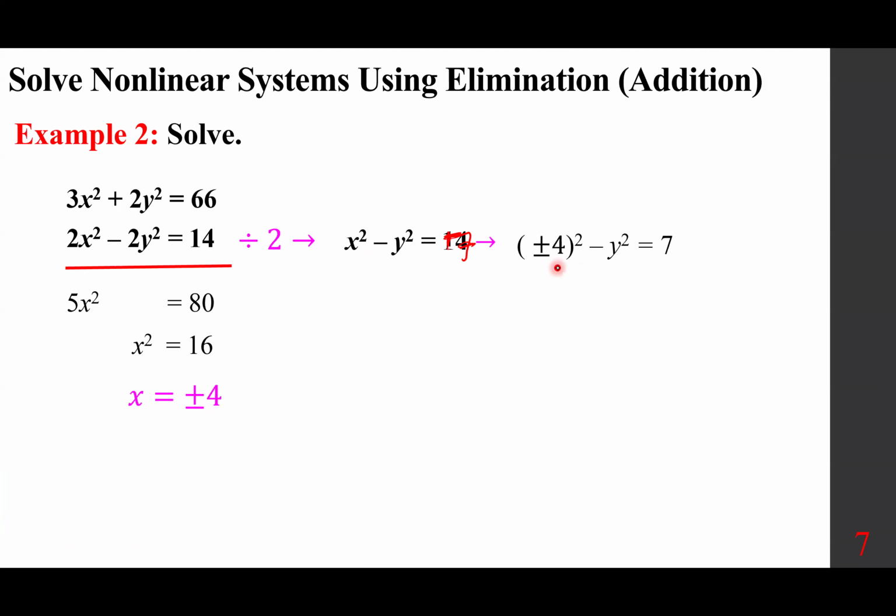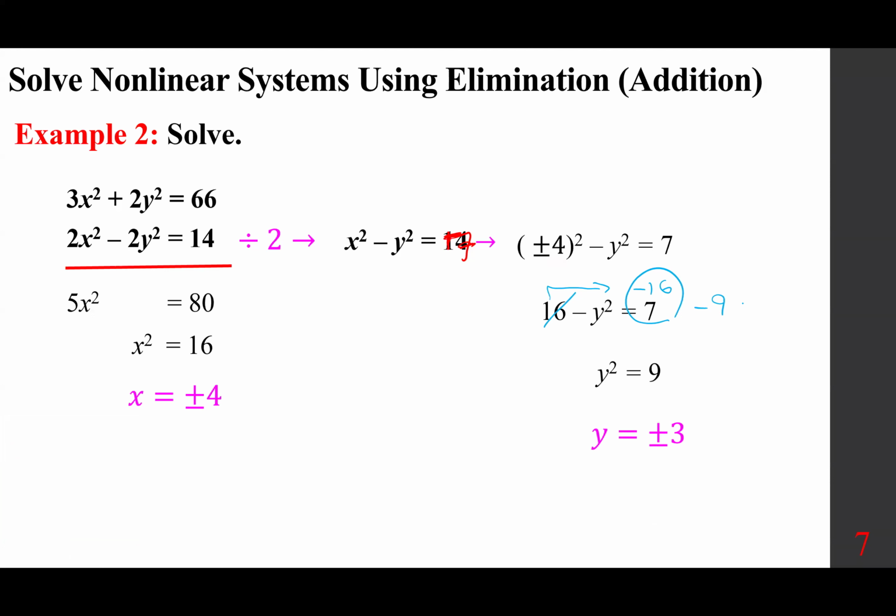So 16 minus y squared is 7. Move the 16, you get negative 9. Therefore, y squared is positive 9. And y is plus minus 3.